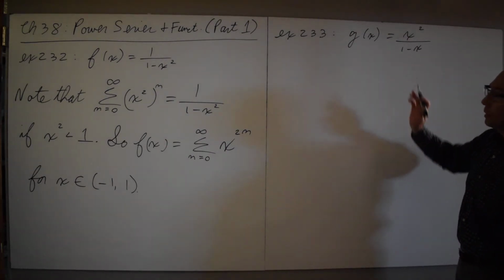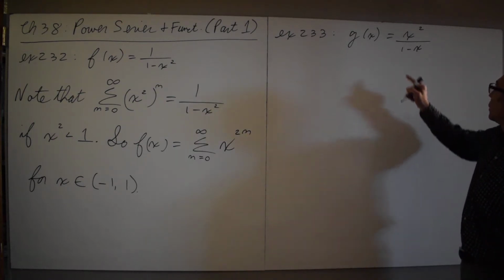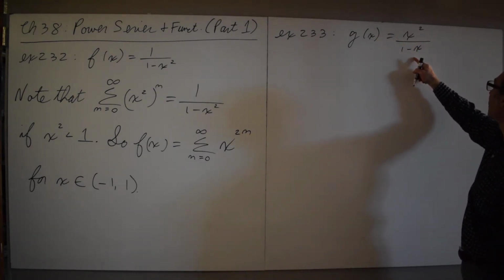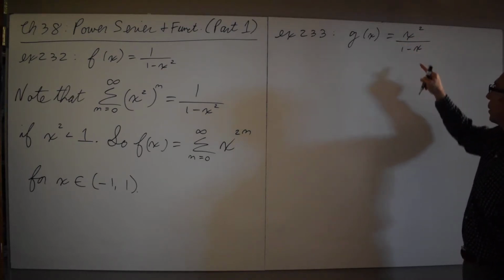For the second one, again, we sort of recognize this as the result of the ratio test, where x squared is our a and the x is the r.